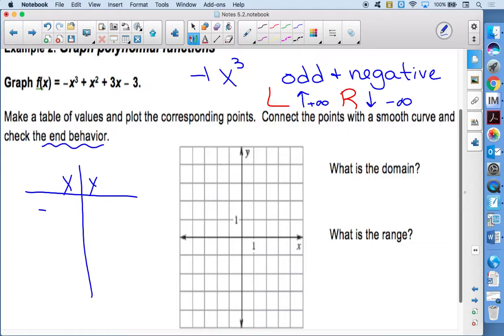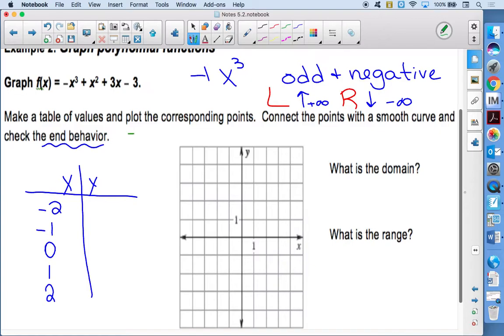So 5 points that we usually pick, -2, -1, 0, 1, 2. You have your calculator out. We're going to plug this into the actual, like not the graphing screen, but I want you to just kind of get used to doing this manually.